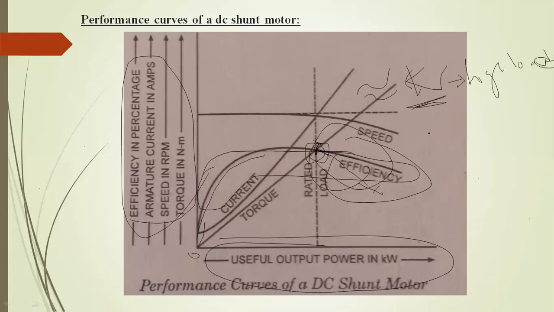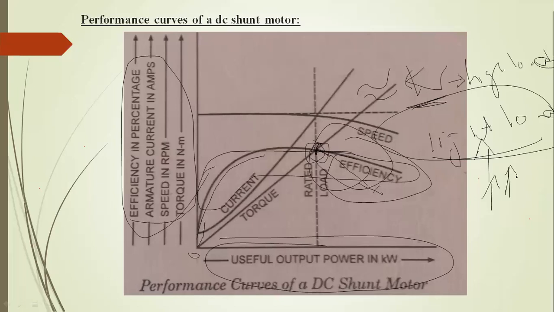If we consider light loads, then what will happen? Their percentage is very high. The losses percentage is going to increase as compared with the load. That is, the iron, friction, and field losses are going to be high when compared to the load.